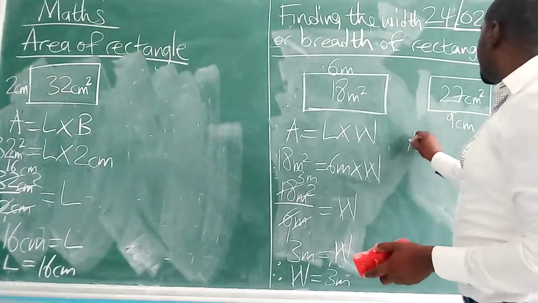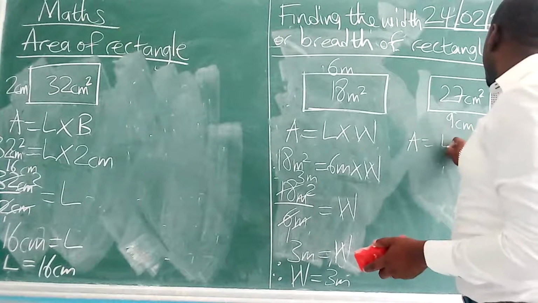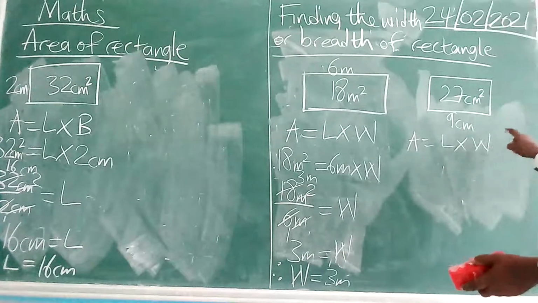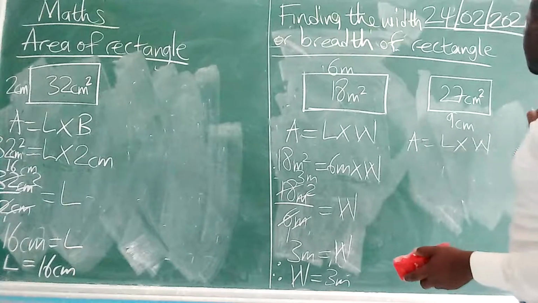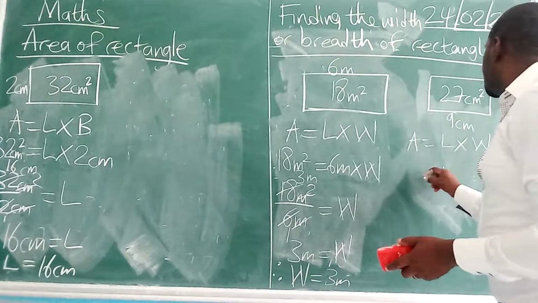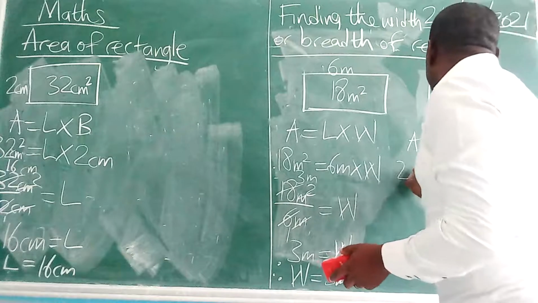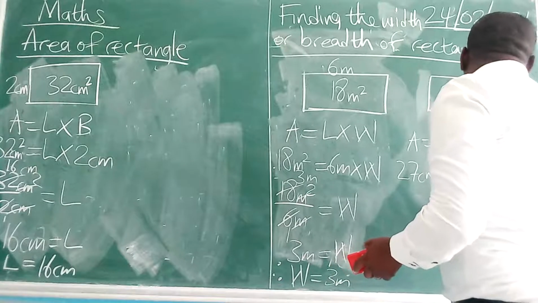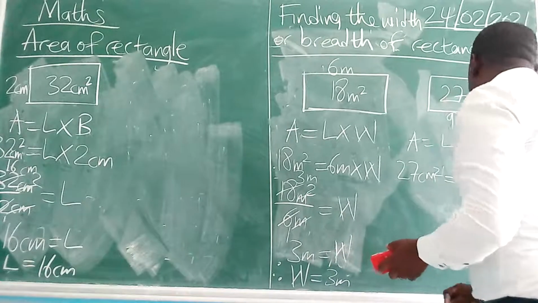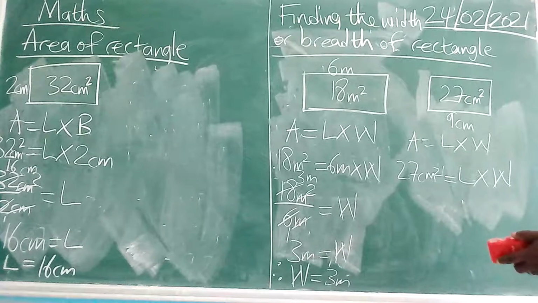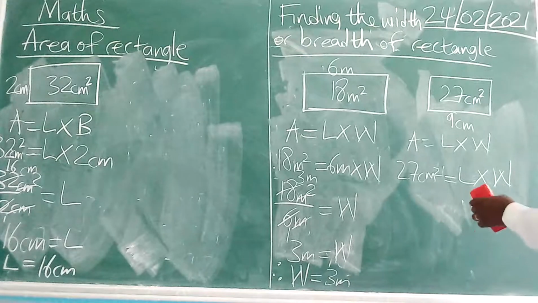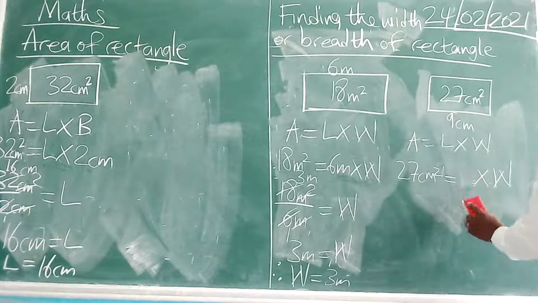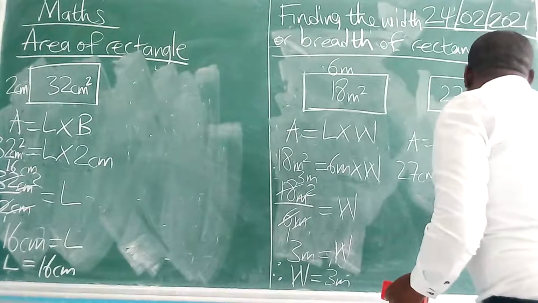So we write A equals L times W, that's length times width, or length times breadth. So the area is 27 centimeters square equals length times width. The length has been given, so the length will be 9 centimeters.